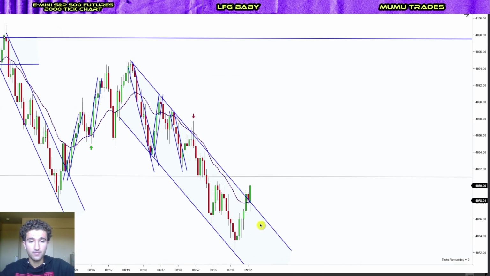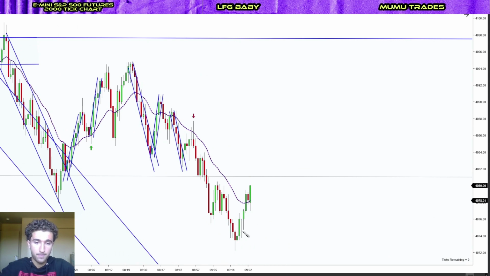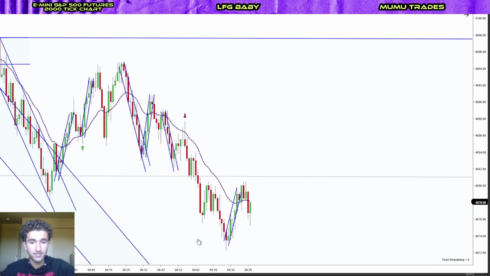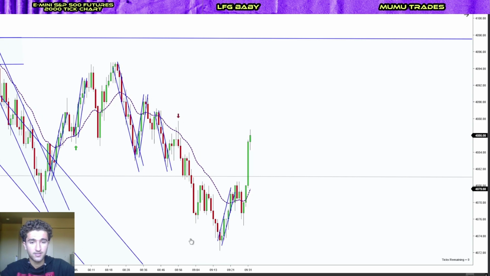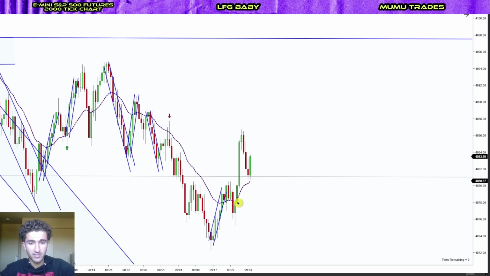So let's ignore that. Short-term uptrend, break, new high, and finally get another new high. But let's even draw another short-term uptrend of this. So we still need a new high of this short-term uptrend.